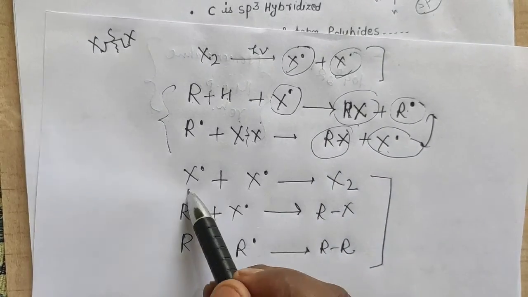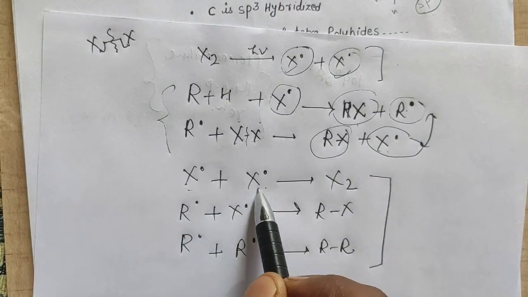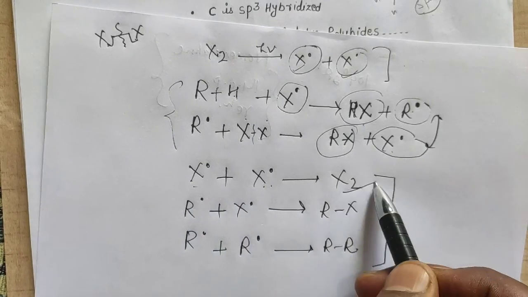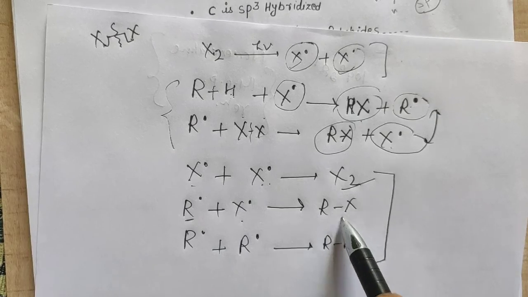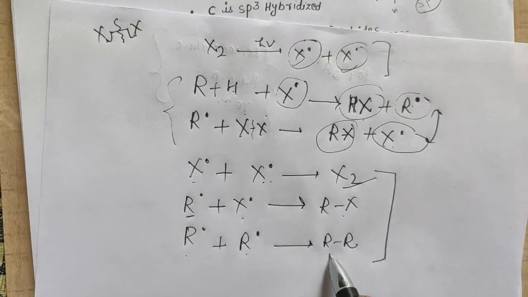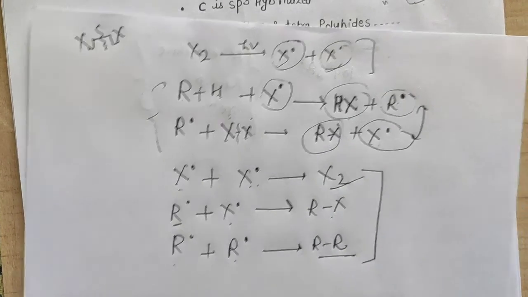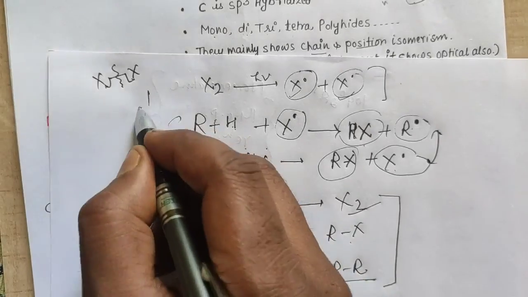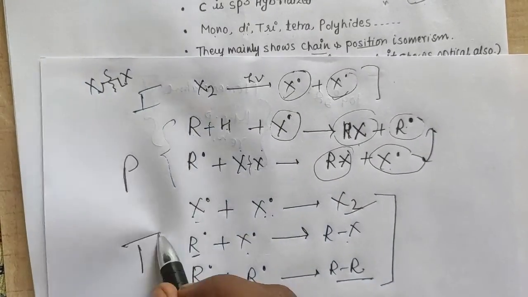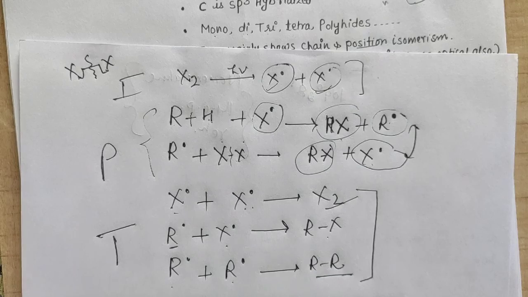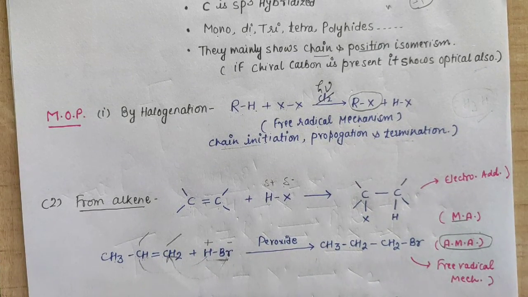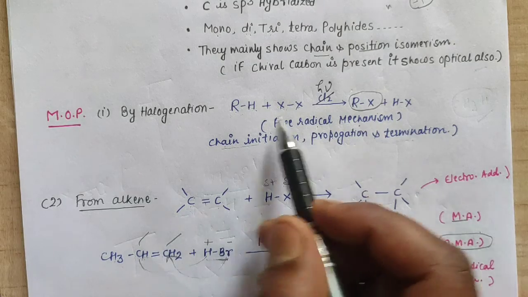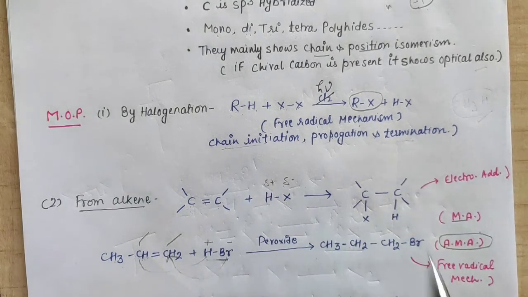The remaining free radicals, X and X, can combine to form X2, R and X can form RX, and R and R can form R2. So this is the mechanism: chain initiation, chain propagation, and chain termination. Only this simple thing you have to keep in mind. There is no need to memorize it, I have only written this reaction. By this method we can prepare haloalkane.